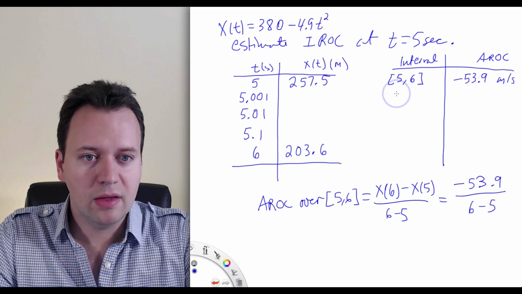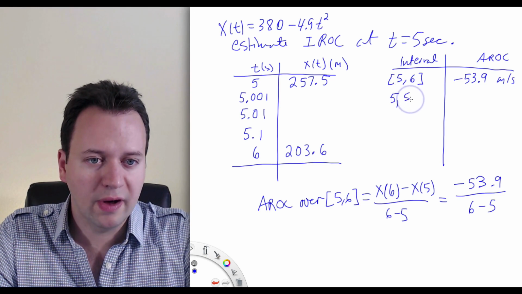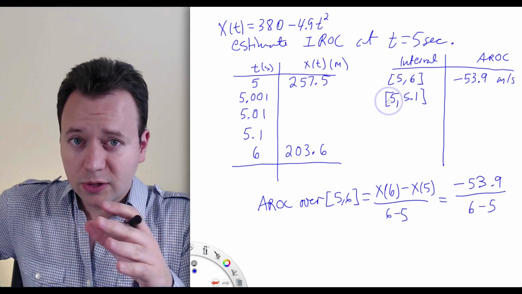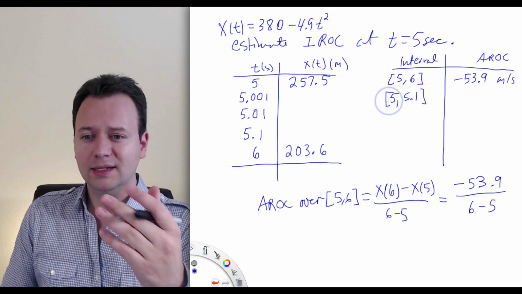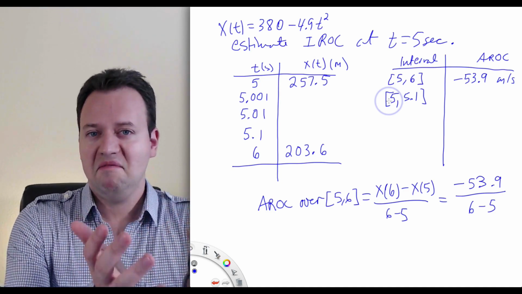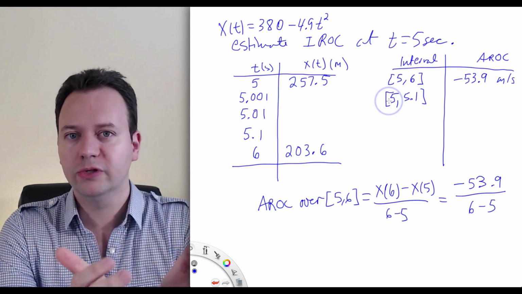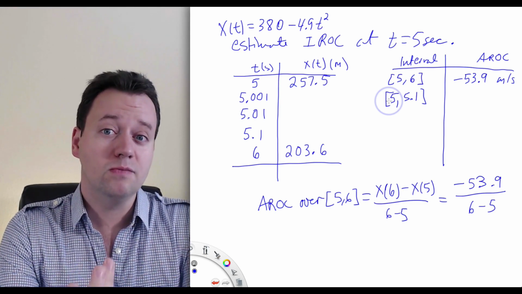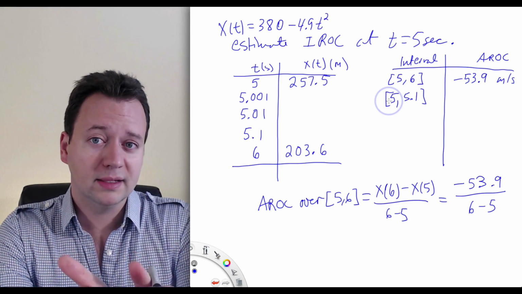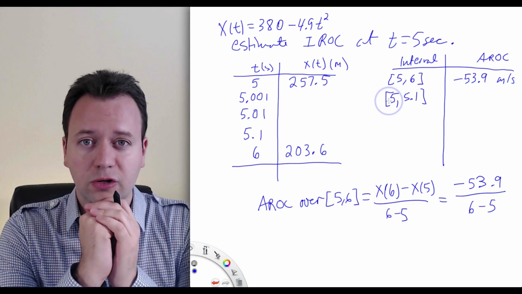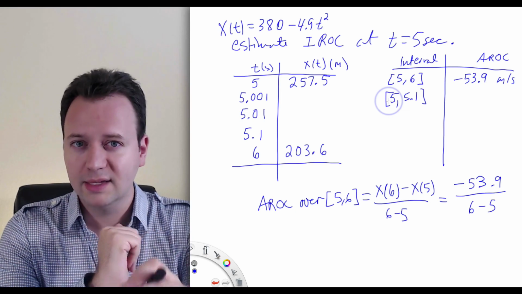Now let's look at the interval from 5 to 5.1. So first of all, the average rate of change between time 5 seconds and 6 seconds after the drop is an estimation for how fast the pebble was going after 5 seconds. But we can do better. Let's look at 5 seconds, 5.1 seconds. That's going to be a much better approximation for how fast it was going at that one instant in time.